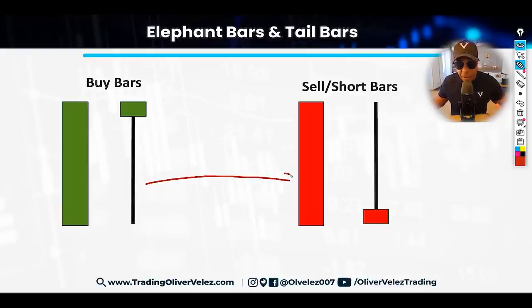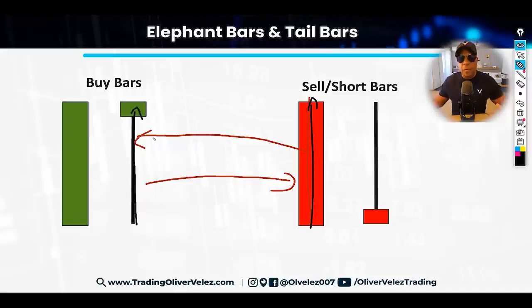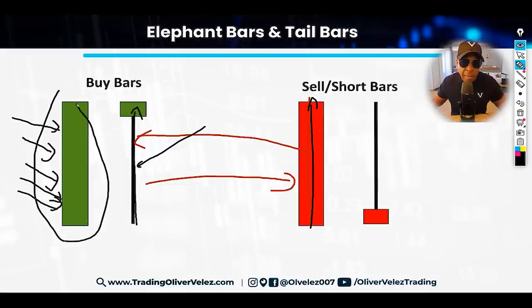It turns weakness into strength. Everyone loves a comeback story. This is the domination bar. This is just the buyers dominating. The bulls are dominant. That's domination. This is comeback. So comeback and domination.